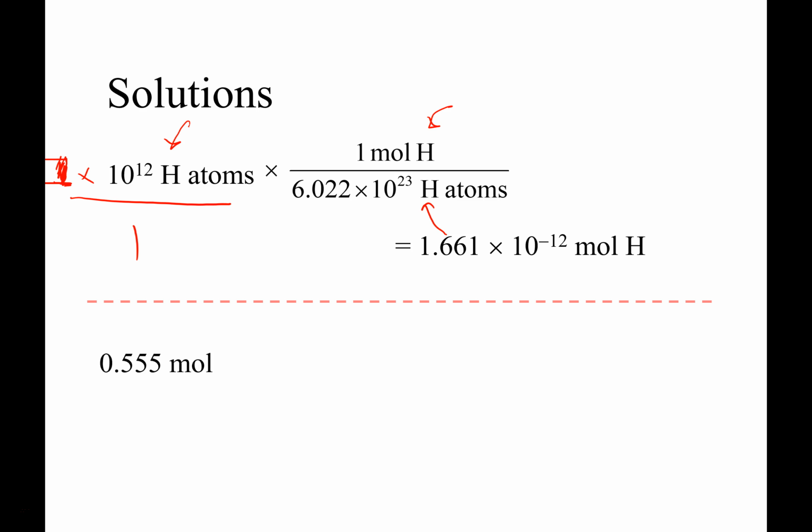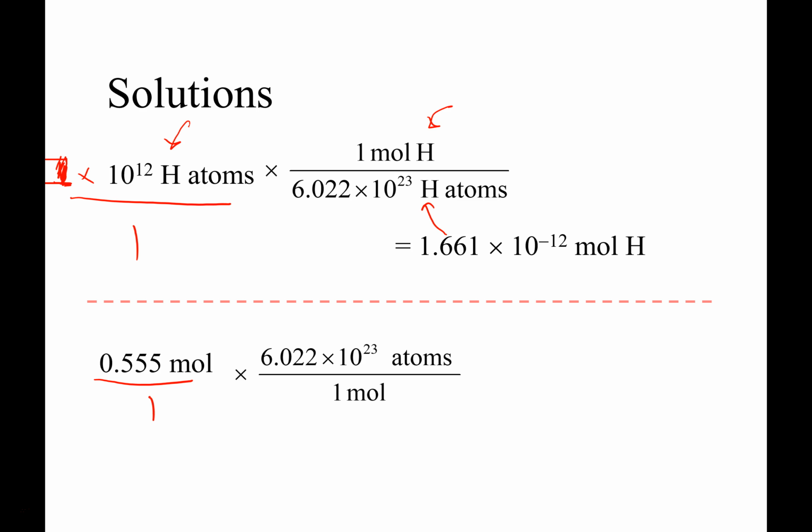Okay. So the first term of the next one is going to be 0.555 moles over 1. And now what's the next term going to be? Yep, the 6.022 times 10 to the 23rd on top: 6.022 times 10 to the 23rd atoms over 1 mole.